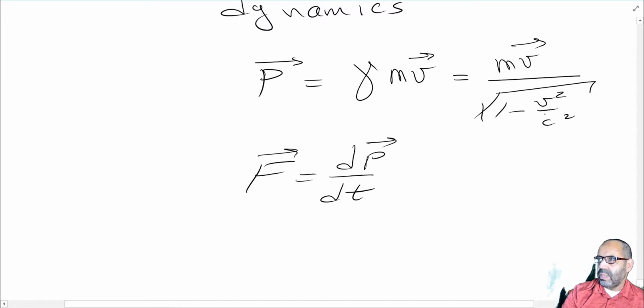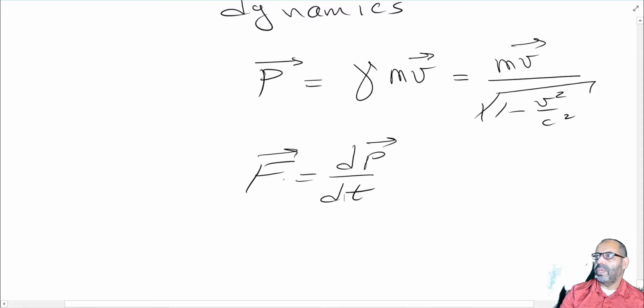But I have something in here in the denominator that I have to take derivatives with respect to, and that makes matters super complicated. And if I start with a general case, for example, where the velocity has just two components, x and y, I will end up with, although the force starts in the x direction, a component of the acceleration that depends on that force in the y direction.